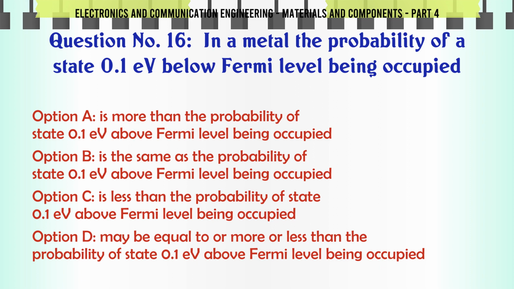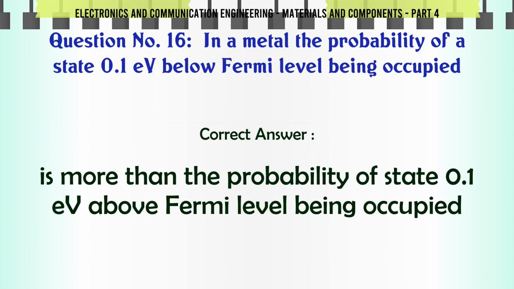C. is less than that probability. D. may be equal to, more, or less than that probability. The correct answer is more than the probability of a state 0.1 eV above the Fermi level being occupied.